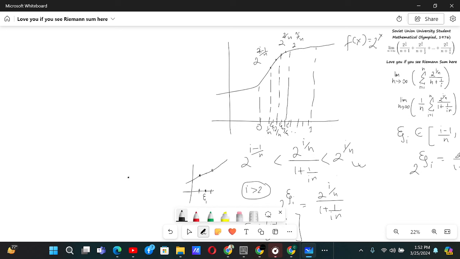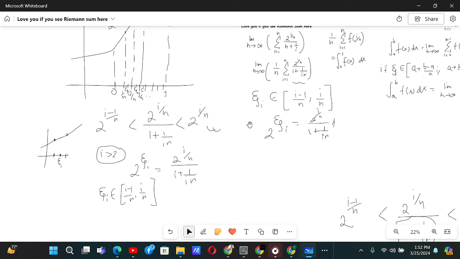Okay, so basically the sum from i equals 1 to infinity, basically from 2 to infinity, of 2 to the power chi_i, that is this exact value. Okay, let me write it over here.